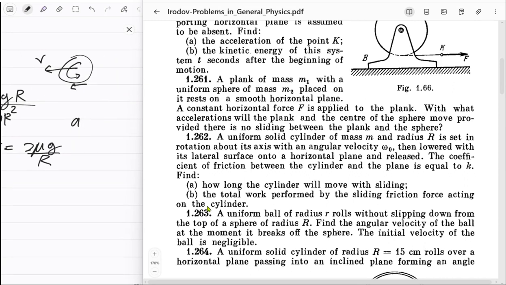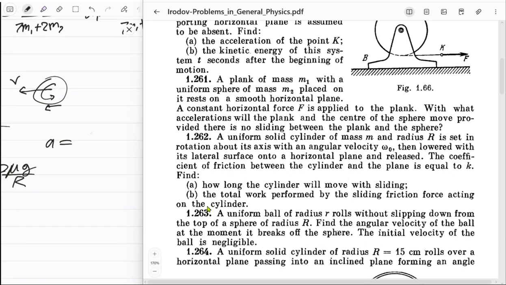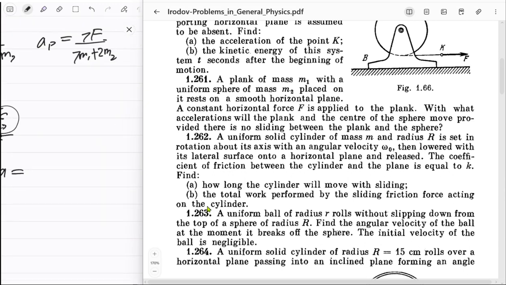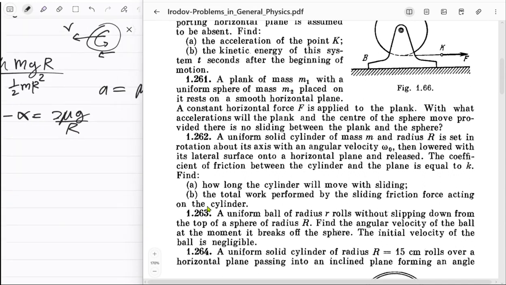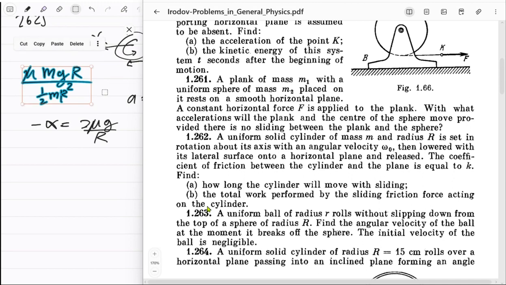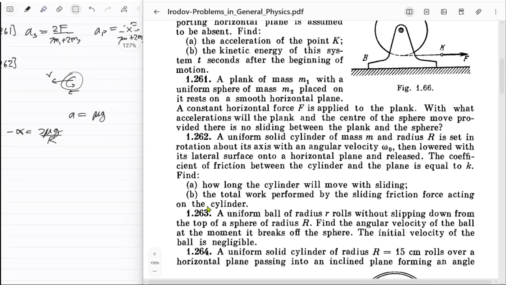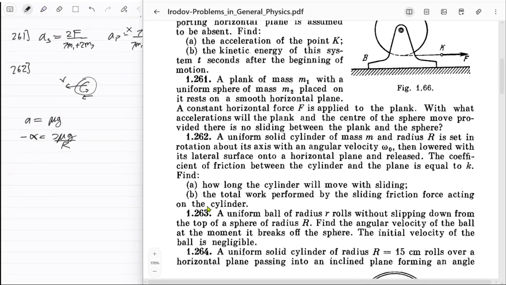Cool. And our a is just mu g, right? So mu mg upon m. Cool, that's the thing. So you got a and you got alpha, right? Cool. Now what?